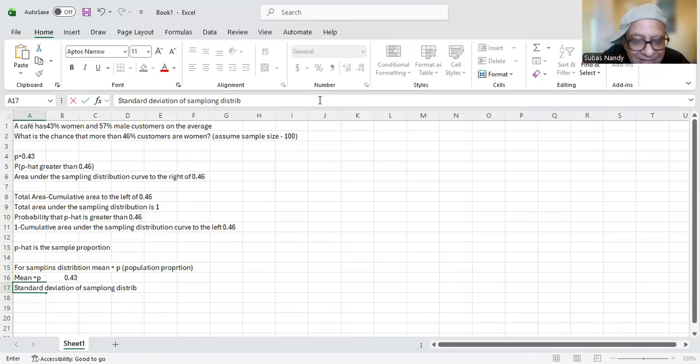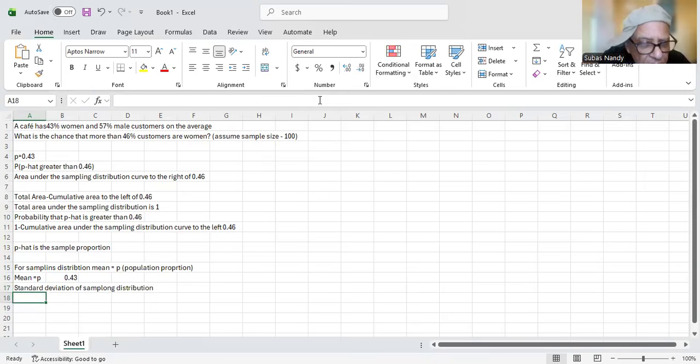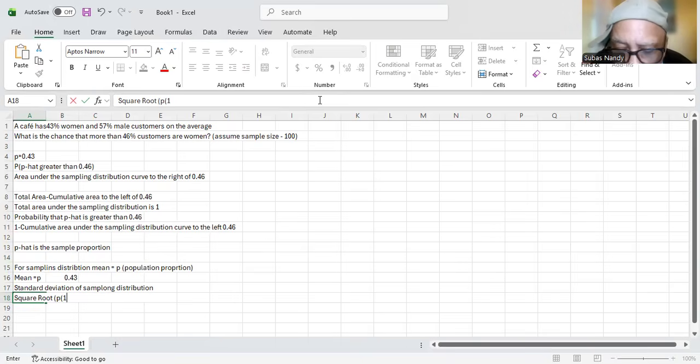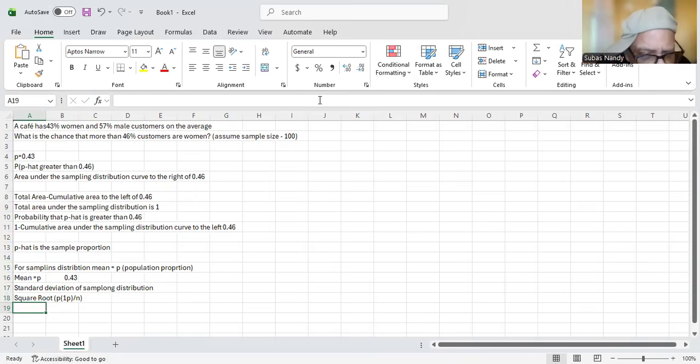That formula is sigma is given by square root, inside the parenthesis p, which is the population proportion, times 1 minus p, and then divided by n. That is the formula for the standard deviation of the sampling distribution.